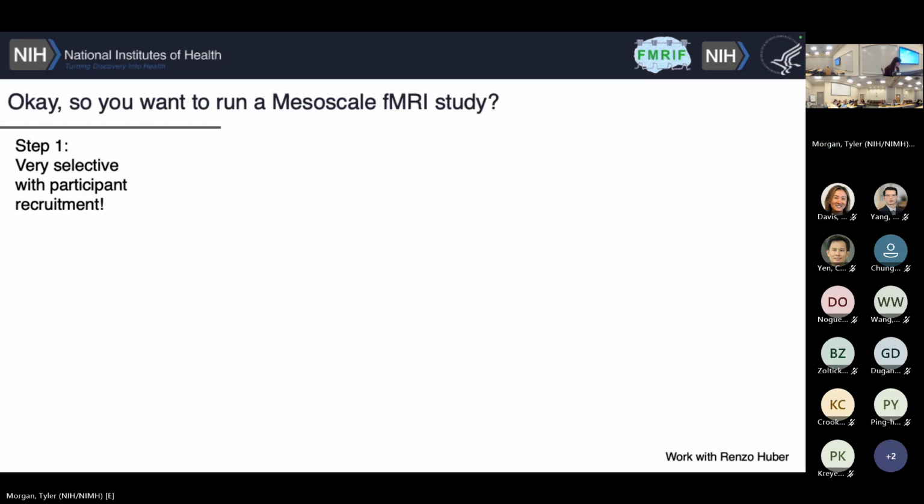Okay, I'm going to shift a little bit from just talking about what people have done to what you might want to do if you wanted to do an fMRI study. So the first thing, and I think it's not necessarily overlooked in people who are doing fMRI, but keep it in mind if you're designing an fMRI study for looking at high resolution, is you need to be really selective with your participant recruitment.